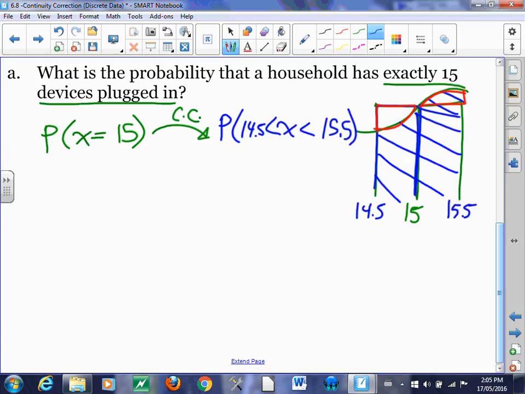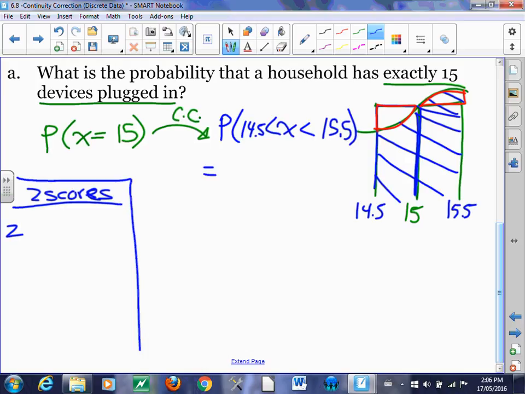So just do z-scores over on the side. Hopefully you have the z-score formula memorized. If not, you know it's on your formula sheet. So let's do the upper limit first. Okay, actually, let's write this in first, just to make sure we've got it. So in order to do an upper limit and lower limit, you always take the probability of the upper limit, subtract the lower limit.